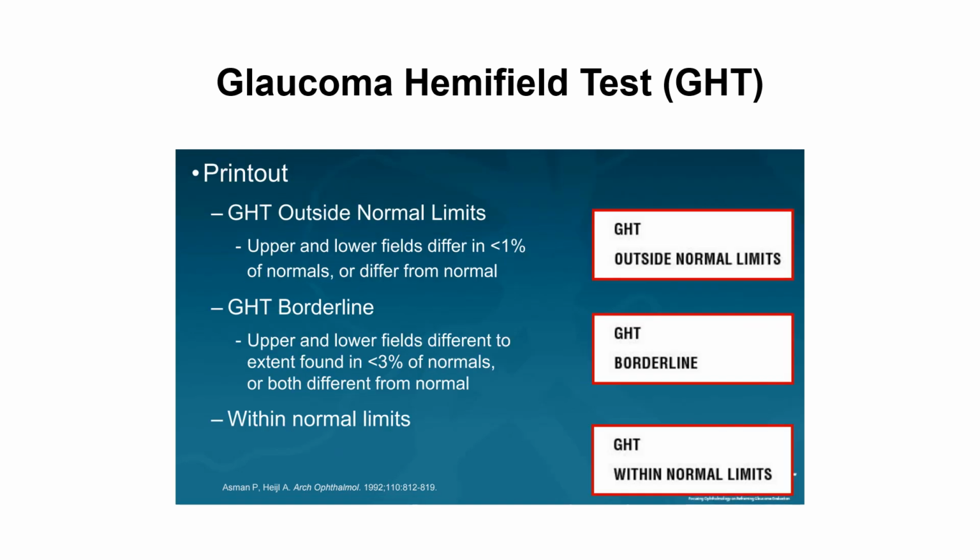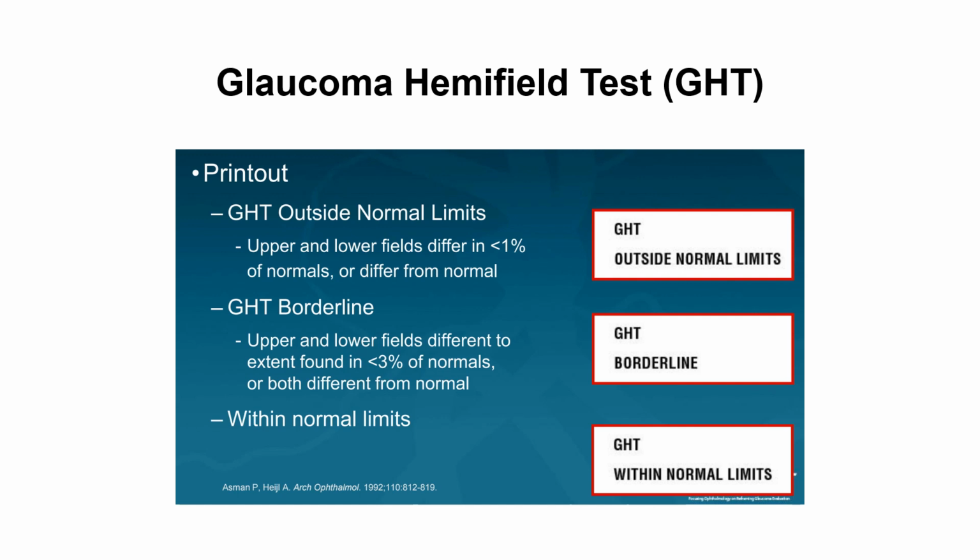So in the printout, you will see that the glaucoma hemifield test is outside normal limits, or borderline, or within normal limits. Outside the normal limits means that the difference between the upper and lower defects is found in less than 1% of normal patients. And the glaucoma hemifield test in this patient is 99% abnormal.